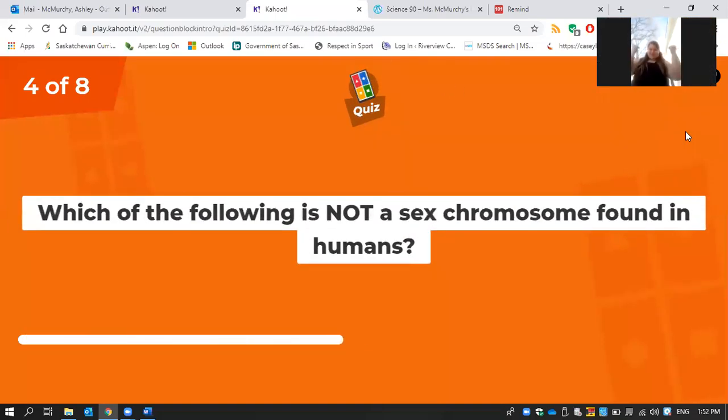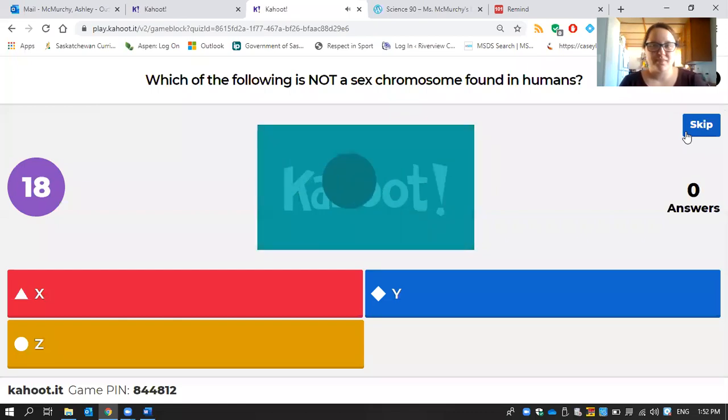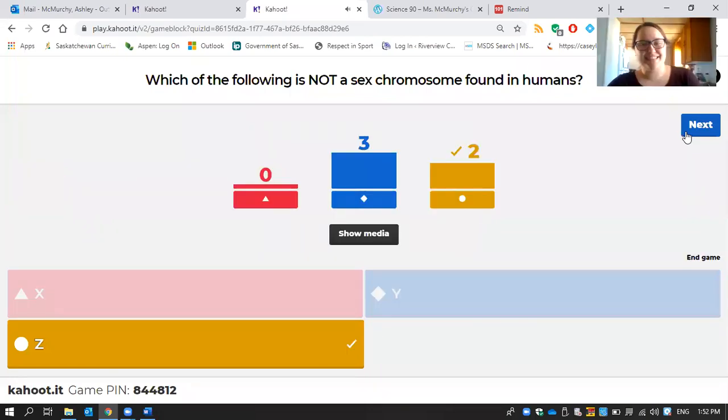Which of the following is not a sex chromosome found in humans? X, Y, or Z? These are all like coordinates. Good job. Two people chose the correct answer, which was Z. Humans have either two X chromosomes or an X and a Y chromosome.